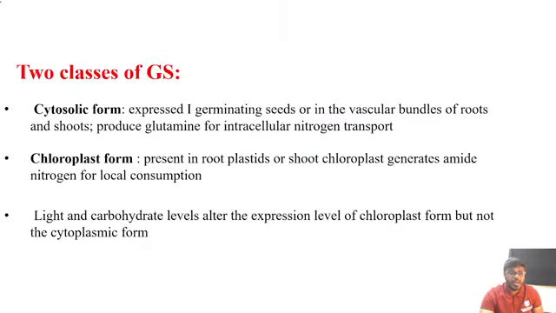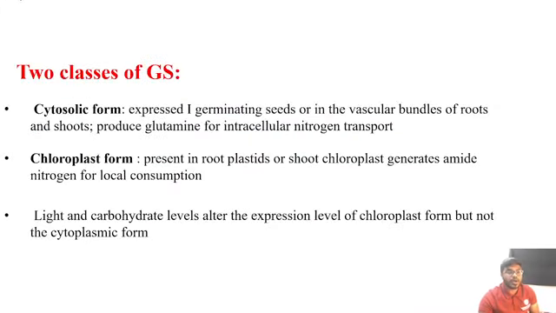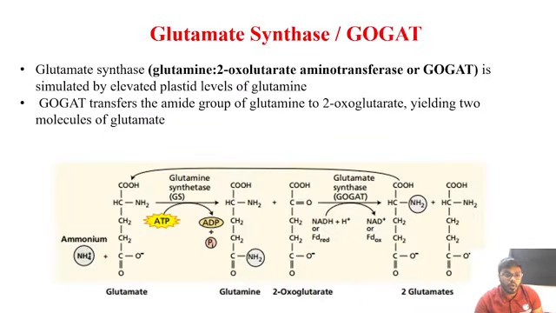So friends, now what is the next enzyme? This is the first enzyme we studied, glutamine synthetase. My friends, what is the next enzyme? Glutamate synthase, or what, my friends? GOGAT. You people no need to remember the full form of GOGAT, it's not required. Just remember, my friends, GOGAT, that's all.